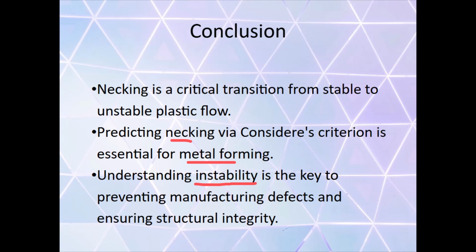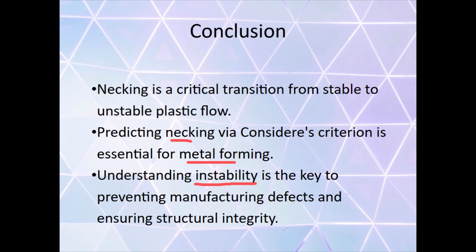Also, we need to know what necking values materials should have. For example, stainless steel used for cooking utensils is kept on a stove, so its temperature increases and it may fail.